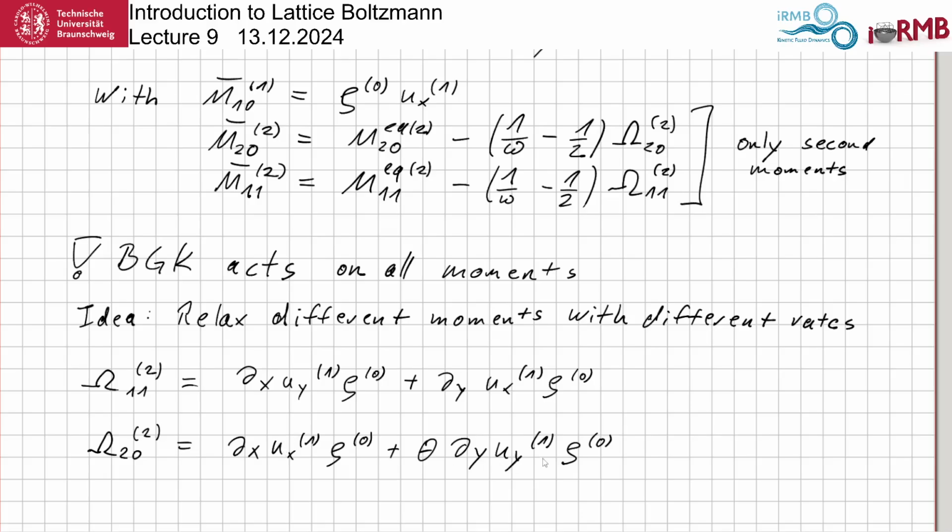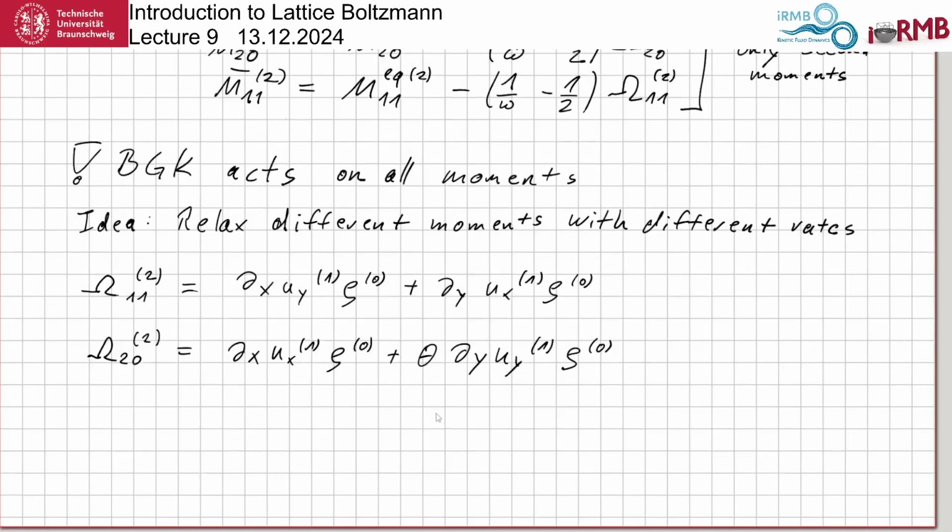Okay, so what we have in here is something that looks like a divergence of the velocity, but it is not a divergence because the theta is not equal to 1. Yeah, but you can imagine if you now add omega 2,0 to second order plus omega 0,2 to second order, you actually get a divergence.